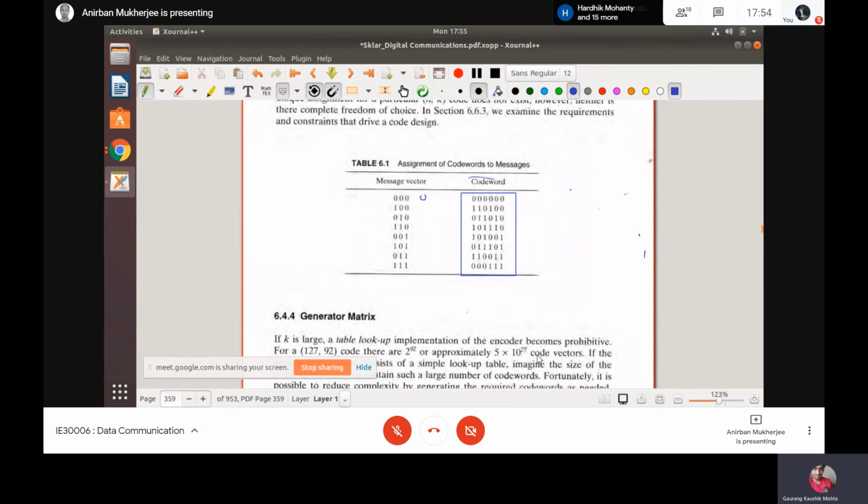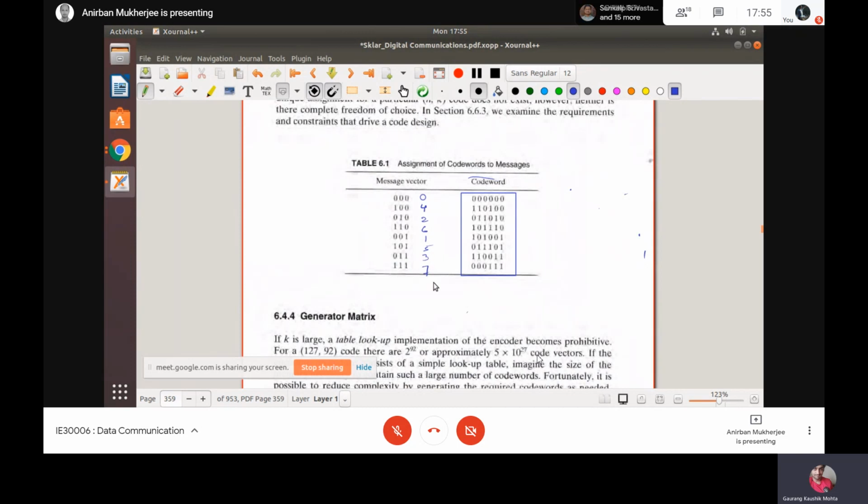What is this? It is 2 to the power 0, 2 to the power 1, 2 to the power 2. That means 4. Then this is 2. Then this is 4 plus 2, 6. Then this is 1. This is 4 plus 1, 5. This is 3. This is 7.